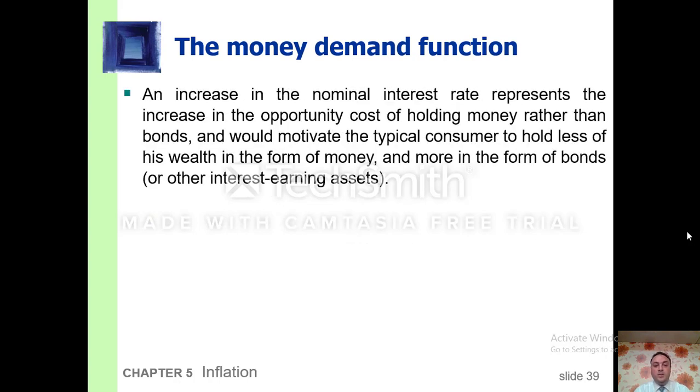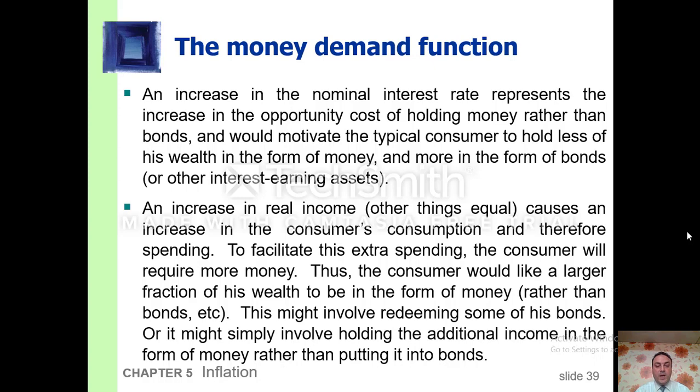So an increase in the nominal interest rate represents an increase in the opportunity cost of holding money rather than bonds, and would motivate the typical consumer to hold less of his wealth in the form of money and more in the form of bonds or other interest-earning assets. An increase in real income, other things equal, causes an increase in the consumer's consumption and therefore spending.